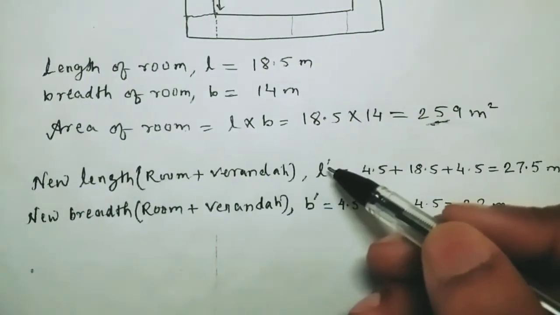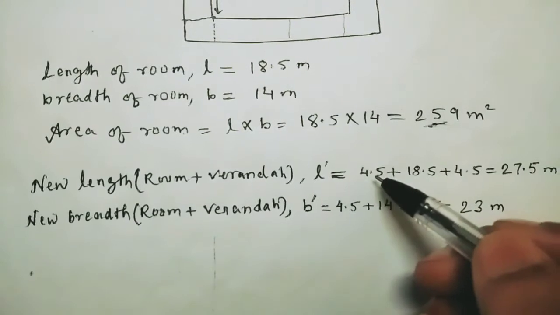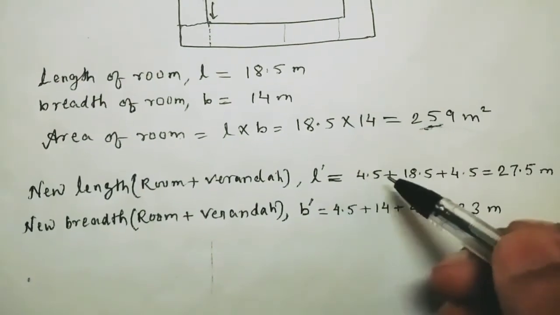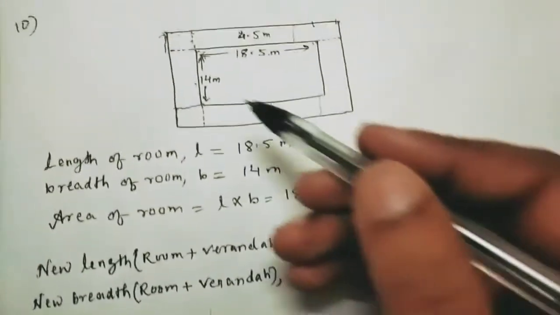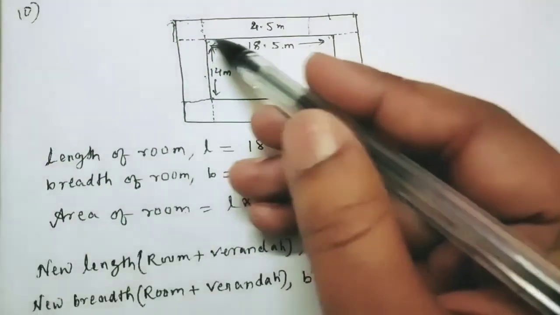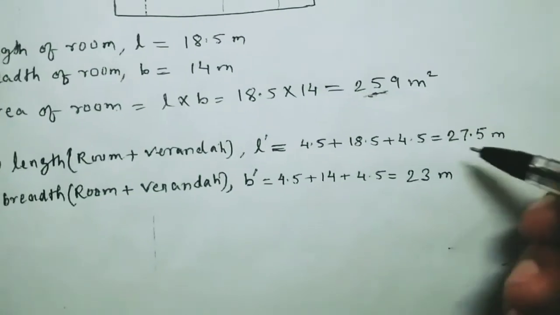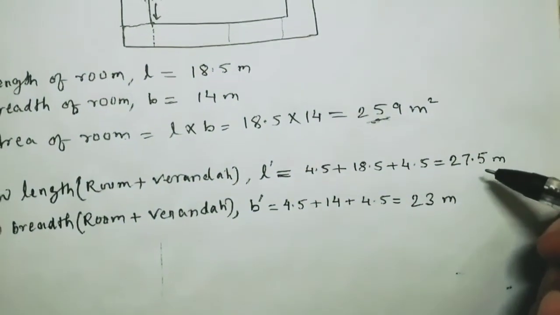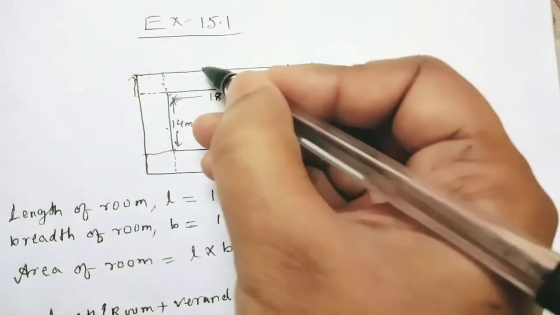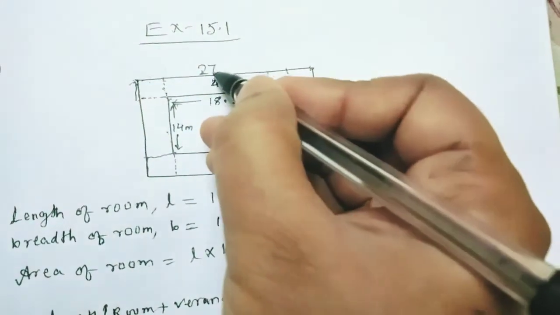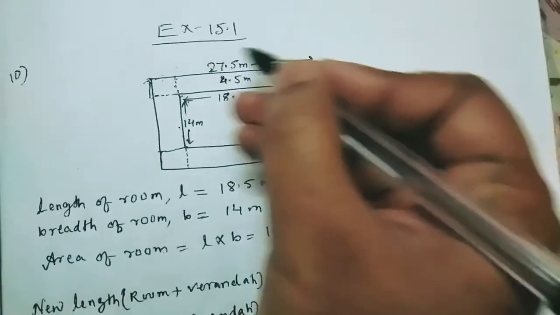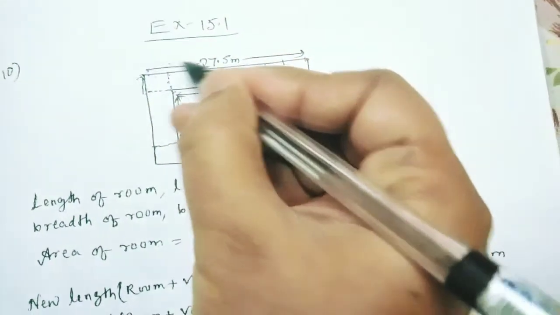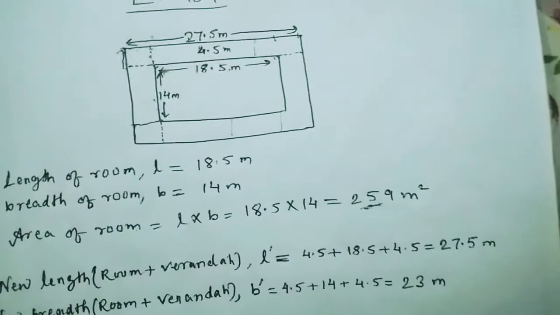So you have to calculate the total new length: 4.5 plus 18.5 plus 4.5. So it is coming as 27.5 meter. Okay. So here 27.5 meter you will write down. So this is the total new length of the figure from here to here.